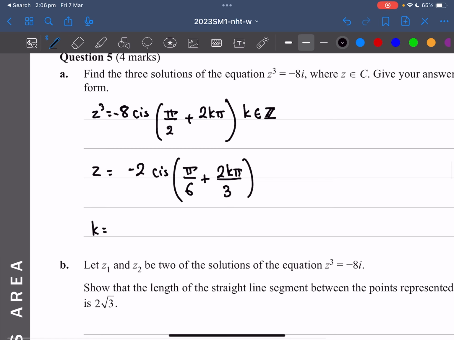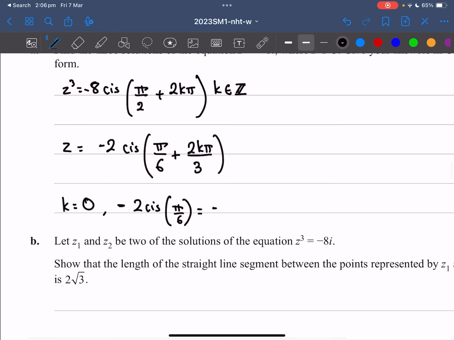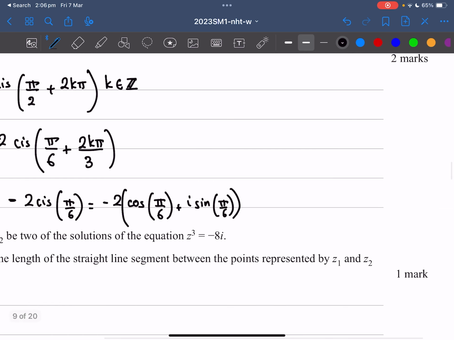So k equals 0, we will get minus 2 cis pi on 6, or we can express this as minus 2 cosine of pi on 6 plus i sine of pi on 6, right? And then we can solve for that.